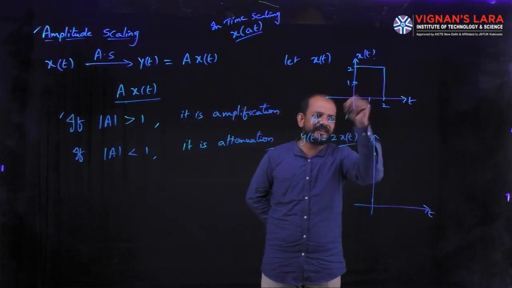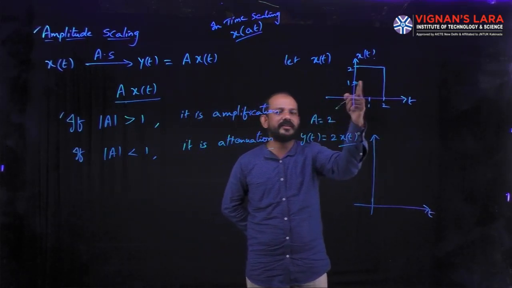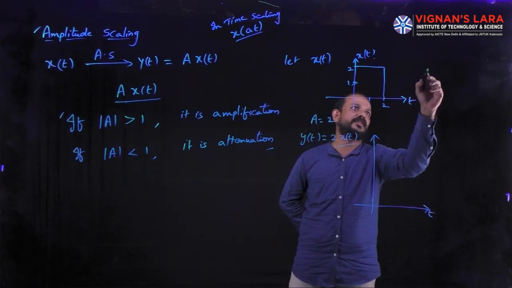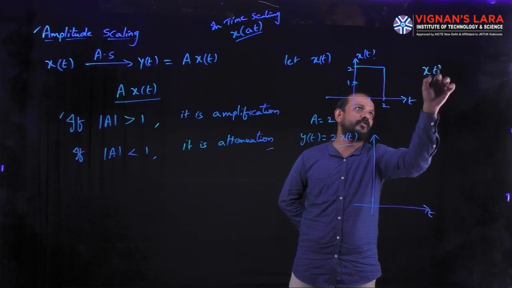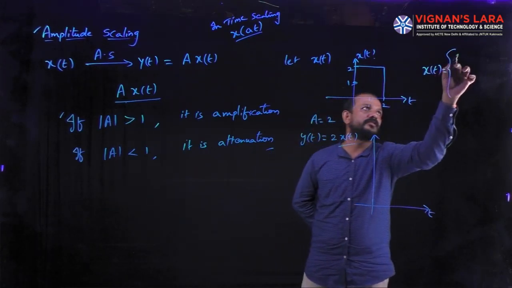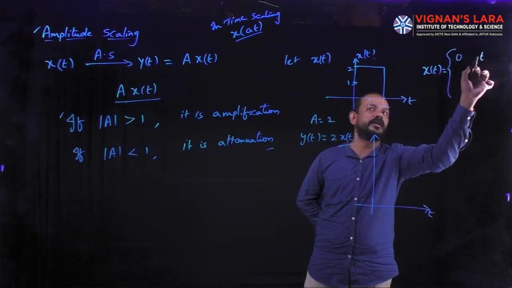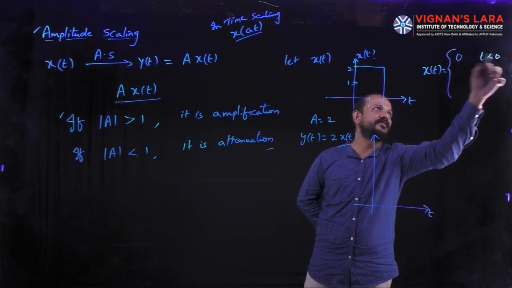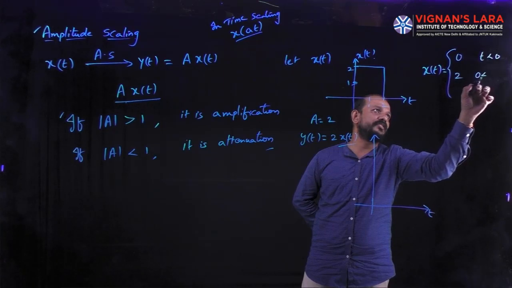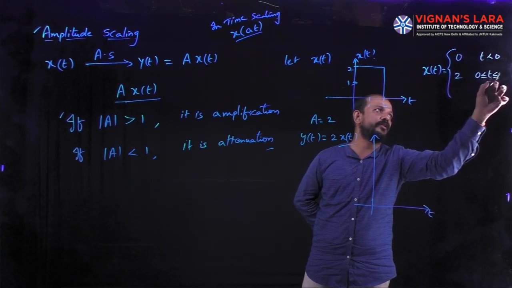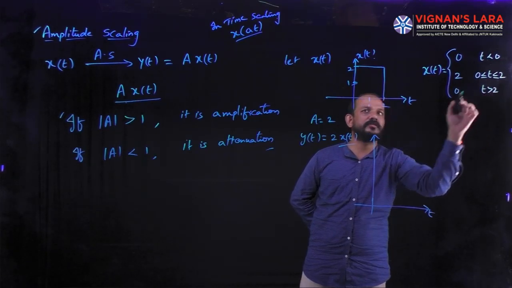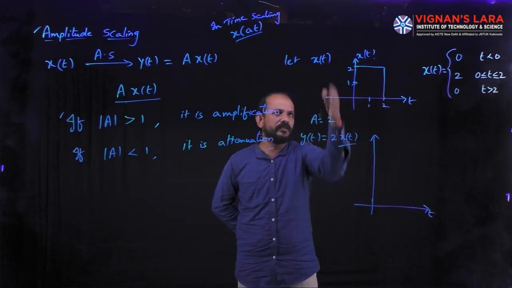So, if I write this in an equation format, how will you write it for the input signal? Let us consider like this. X of t equal to 0 for t less than 0, 2 for 0 less than or equal to t less than or equal to 2, and 0 for t greater than 2. Simple. For t less than 0, x of t is 0.